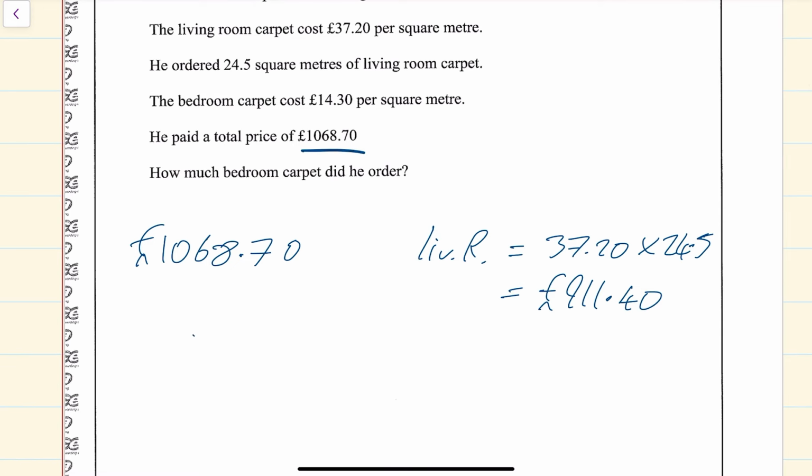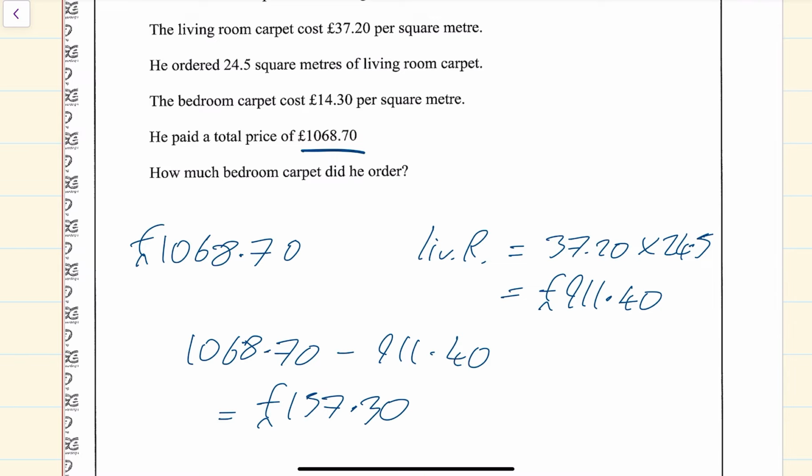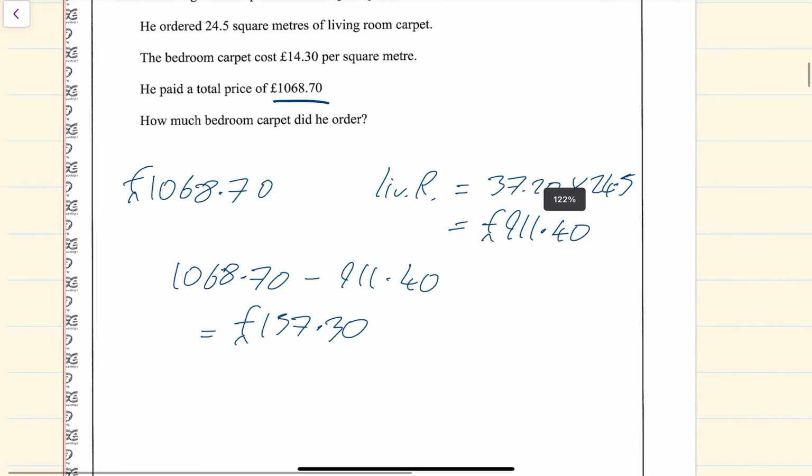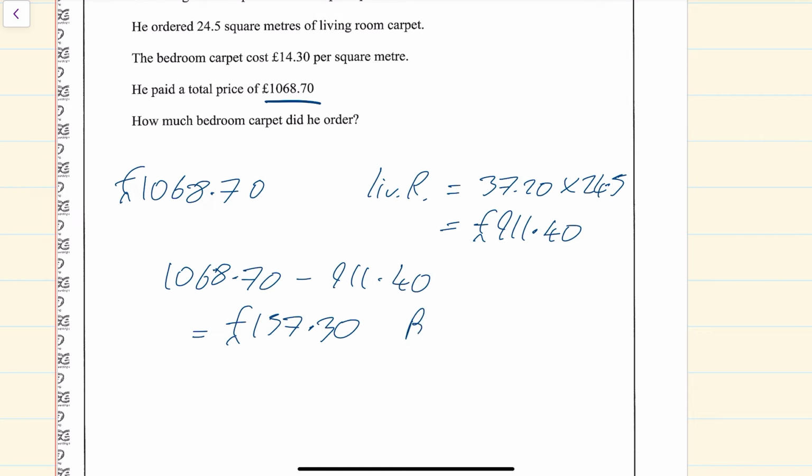So we're going to do £1,068.70 minus £911.40 on the calculator, of course. And that works out to be £157.30. Now, that's what it costs for the bedroom.